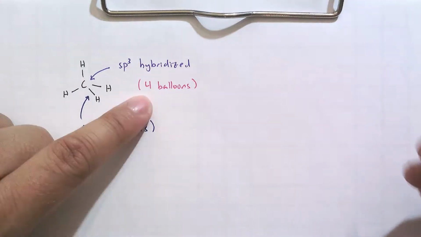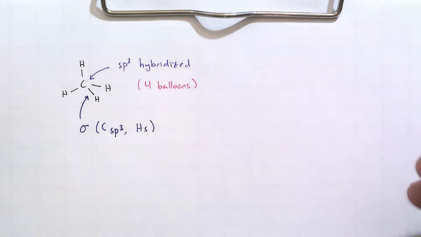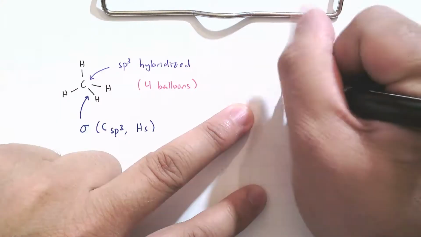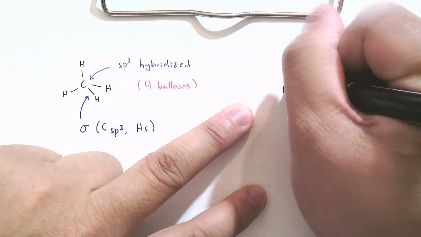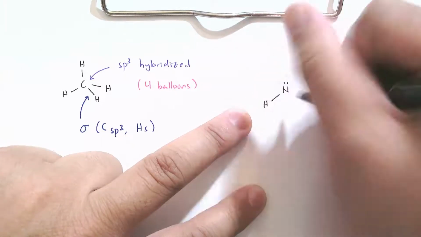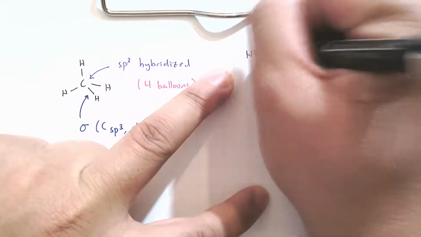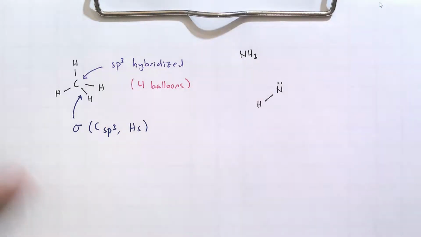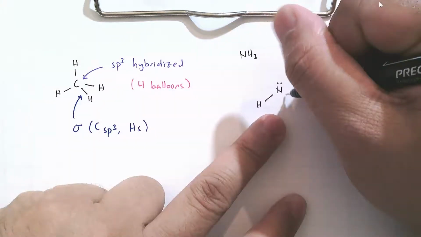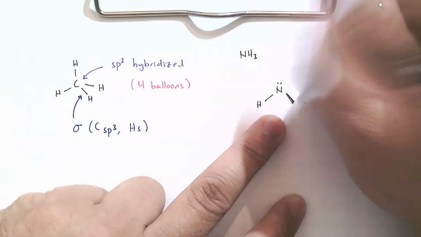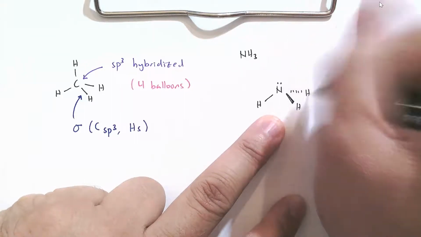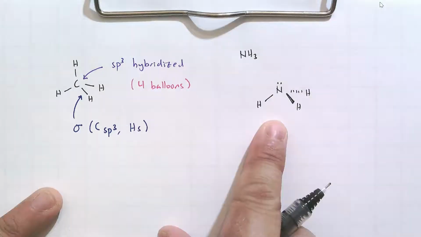If you could figure out the number of balloons, you know the hybridization. So here's the trick. Look at ammonia, NH3. Hopefully if I give the chemical formula NH3, you know that ammonia is trigonal pyramidal. Okay, and if you want to draw three dimensions, you use wedges and dashes like this.